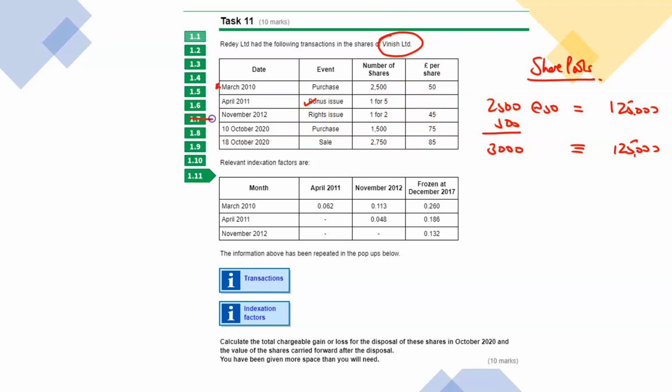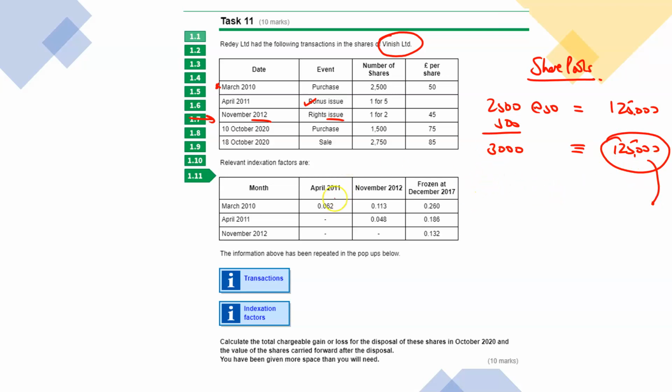Now you do have an event. So bonus issues are not operative events. They're not events in themselves to create indexation. But in November, when we have the rights issue, we will first of all index this up till that date in November.